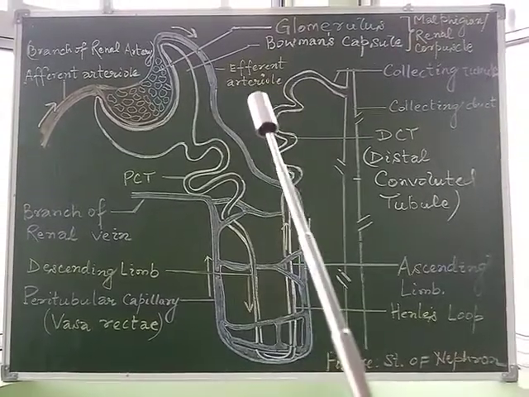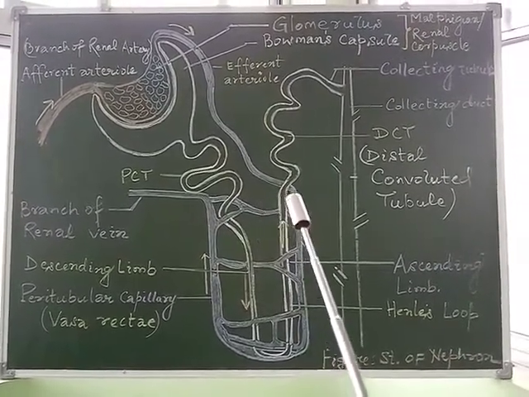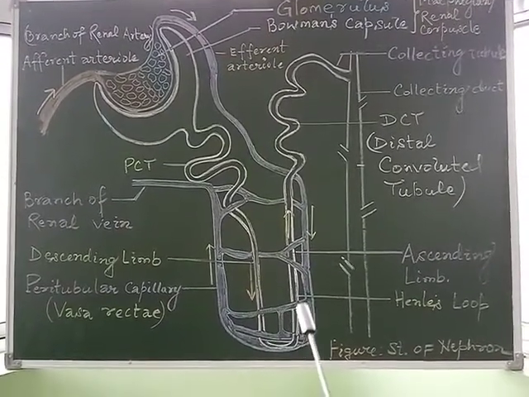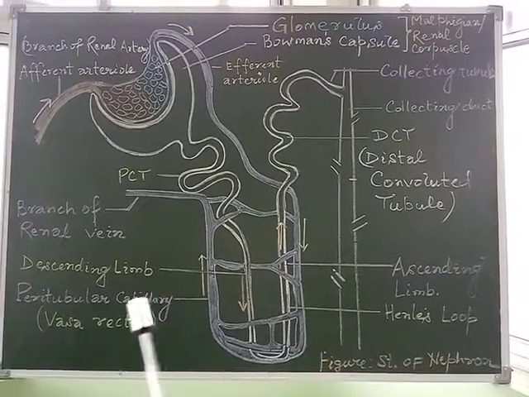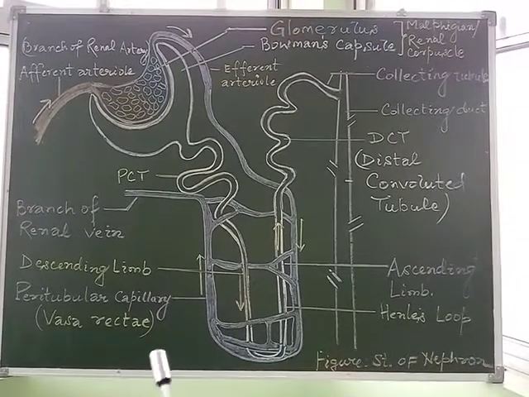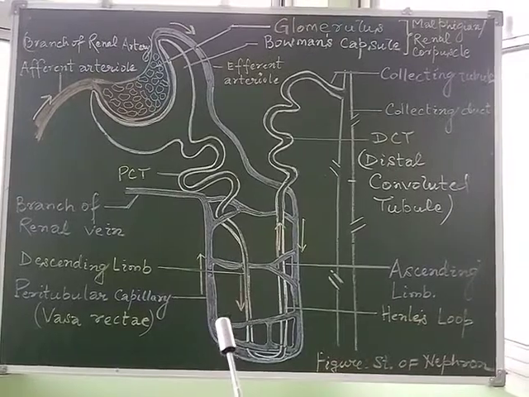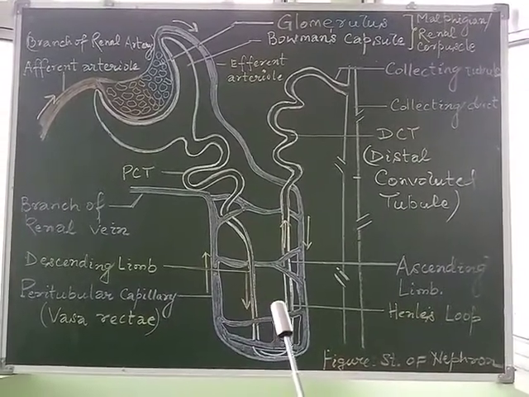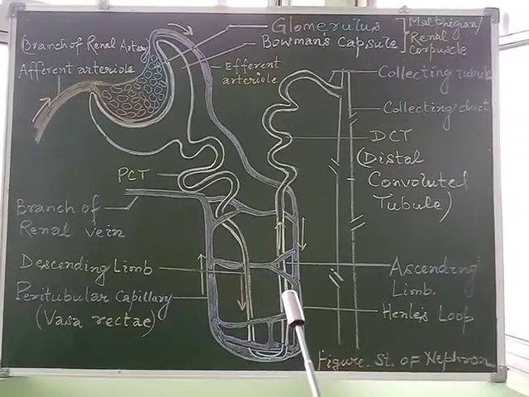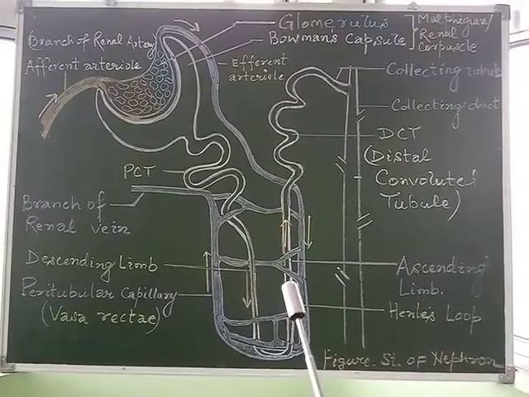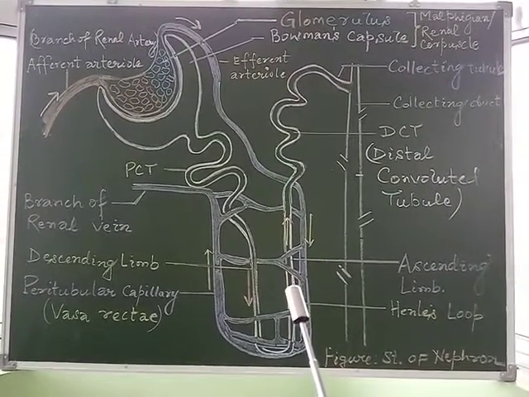The efferent arteriole continues and descends and surrounds the loop of Henle, forming peritubular capillaries called vasa recta, which help in the proper reabsorption of certain types of metabolites during the formation of urine.